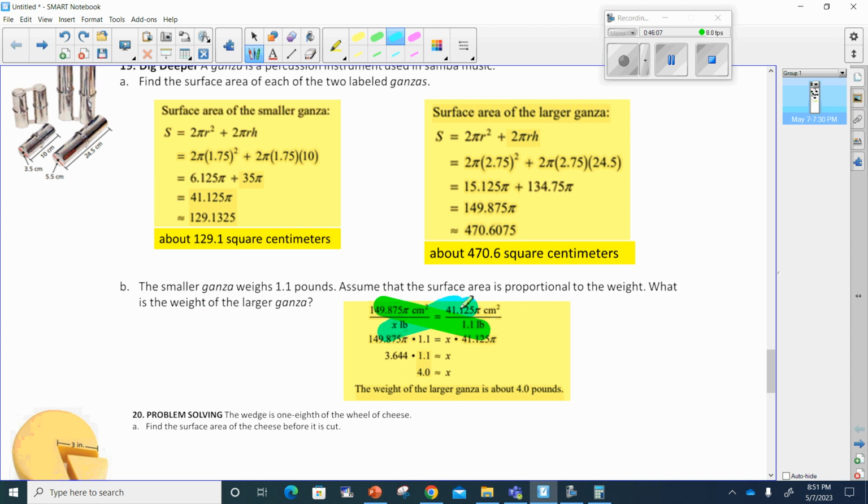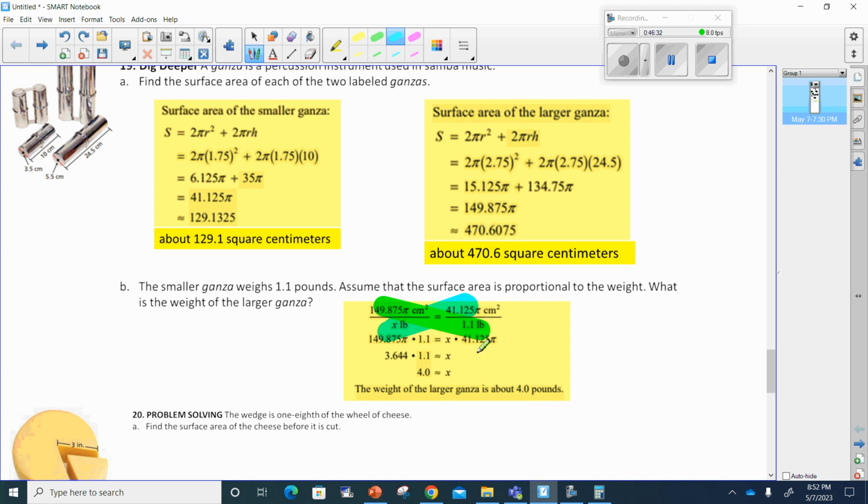And that's going to be 41.125 times x. When you take these numbers and factor them out, you're going to take 149.875, multiply it to 1.1, right?